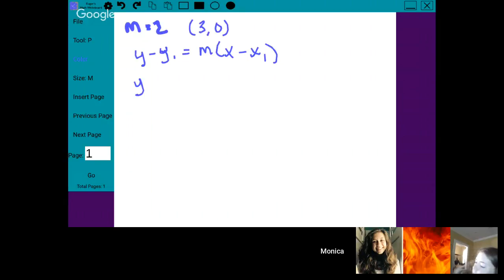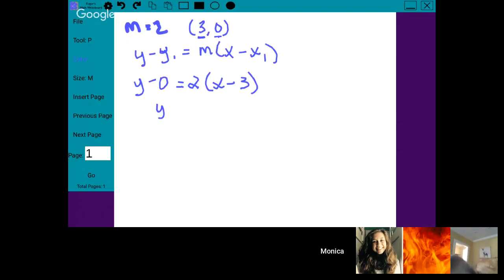So when we do this, the y is going to stay there. This y1 is going to be your y value here. Okay, so y minus 0 equals m, which is 2, times x, that x stays, and then your x1 comes from here, so minus 3. And then you just solve this.